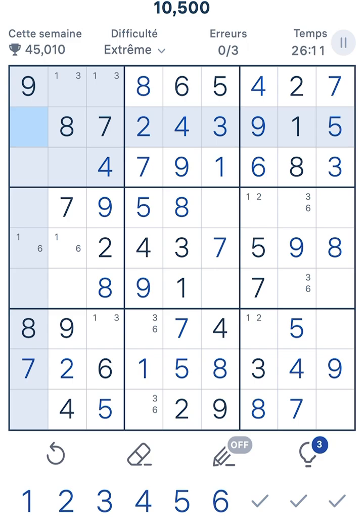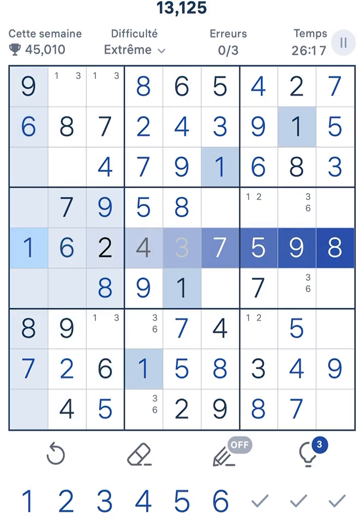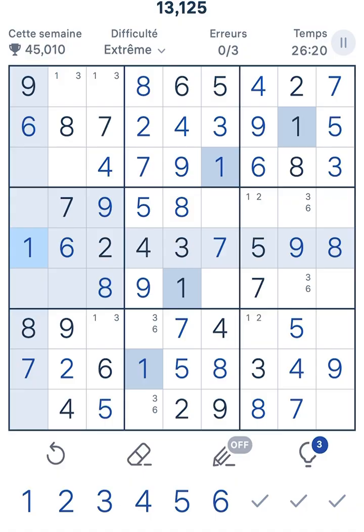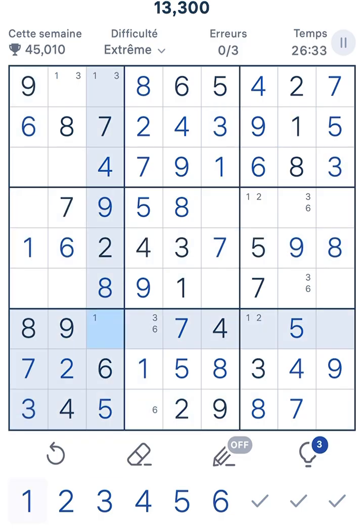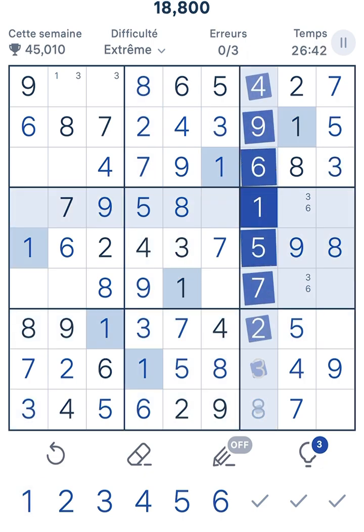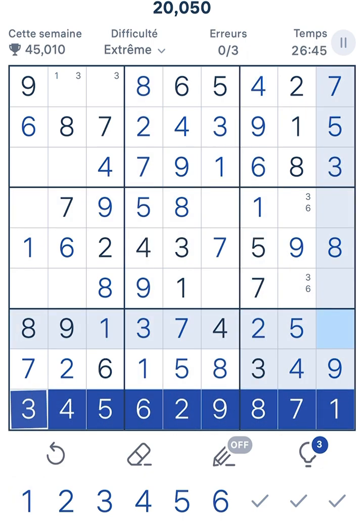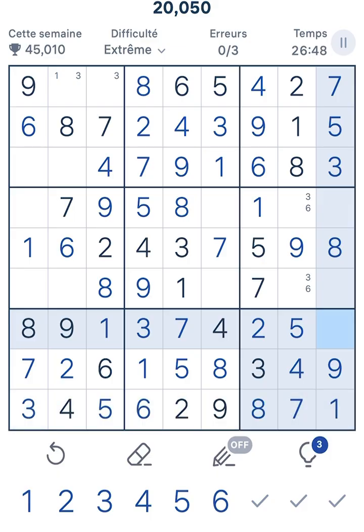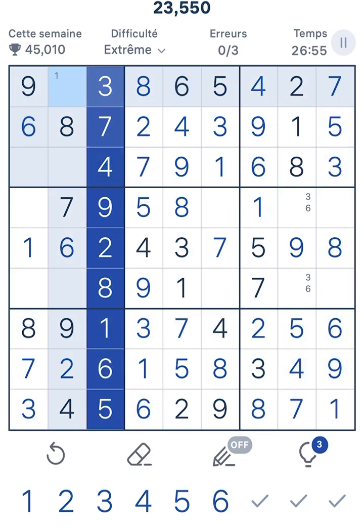So 3, 6, 9, 1, sorry, 3, since 1 is here and 1, 3 are the only options here, and 1 is here, so it is 3, and 1, and 2, and 6, 3, and 1, 3, 4, 6, and 3, and 1.